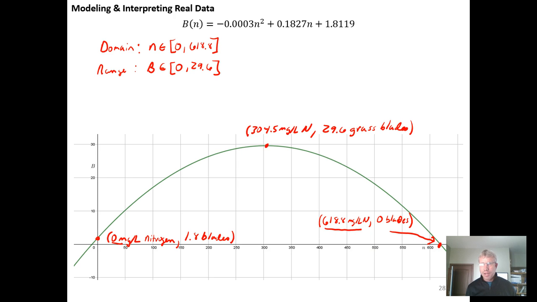Down here where the graph is negative, it's suggesting that I get negative grass blades, and I can't grow negative grass blades. So I'm going to constrain my domain as letting nitrogen run from 0 to 618.8. And if I do that, the worst case output I get is 0 blades of grass, and the best output my model gives me is 29.6. So as I let n run over the domain, I get a range for blades of grass that runs from 0 to 29.6.